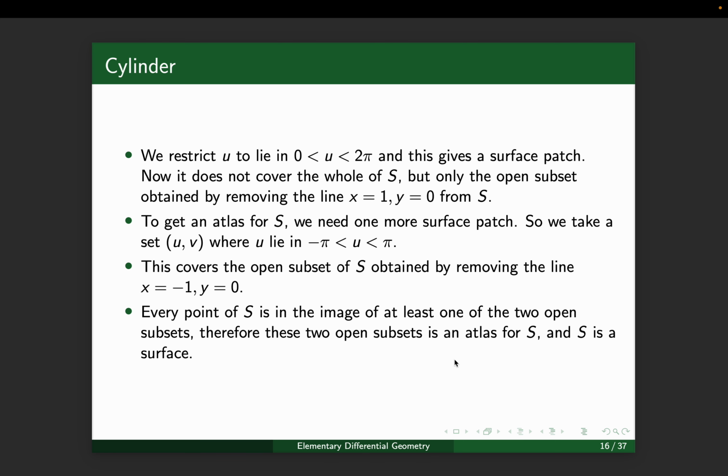So we need one more open set, with u between minus pi and pi. These two open sets cover the whole surface, so every point of the cylinder now has an image in one of these two open sets. So now we call this parameterization sigma(u, v) a surface.